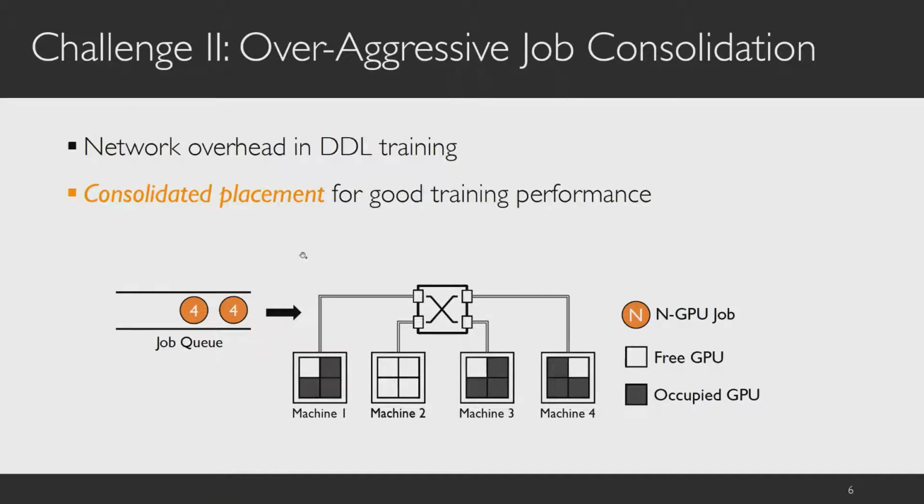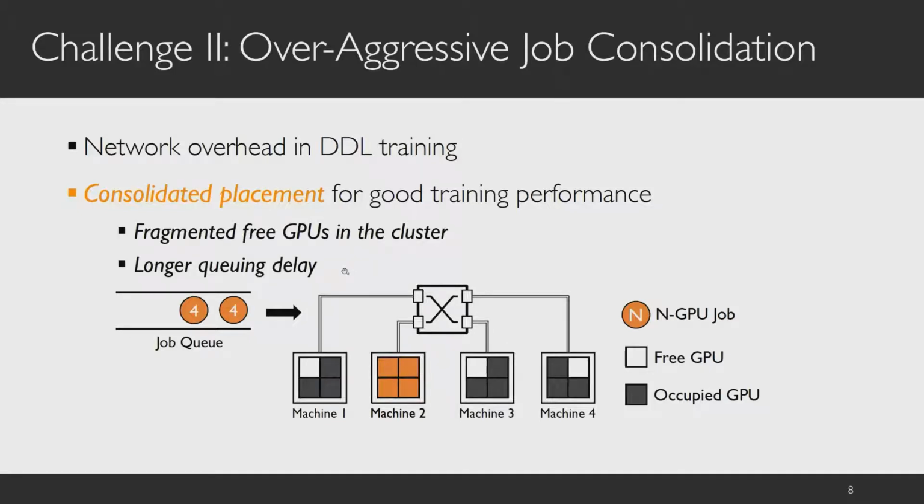So the better way maybe is to wait for one of the jobs to finish to free up all 4 GPUs in one machine, or suspend that job to free them up, depending on the priority, and then you place the whole job into a single machine. But that also means you have a longer queuing delay, right?